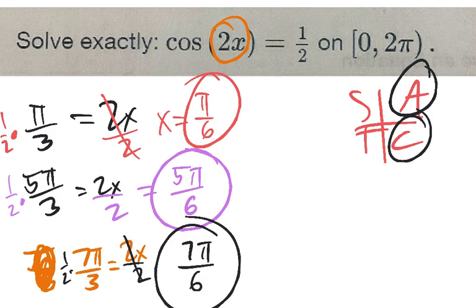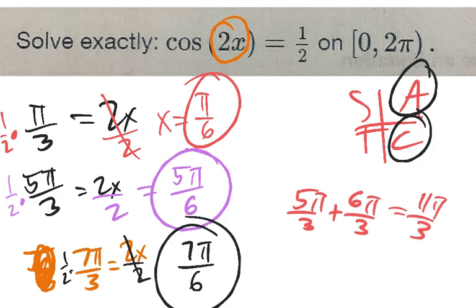So pi over 3 plus 6 pi over 3 is 7 pi over 3. I'm going to do the same thing with this one. And the reason I need to look for the next ones is because of this period change. It's happening twice as quickly. So the next one's 7 pi over 6. The next one would be, we start with 5 pi over 3 and we add 2 pi. So 2 pi would be 6 pi over 3, which gives me 11 pi over 3.